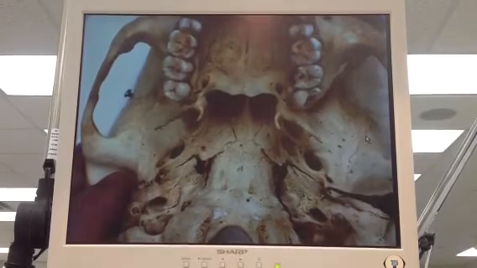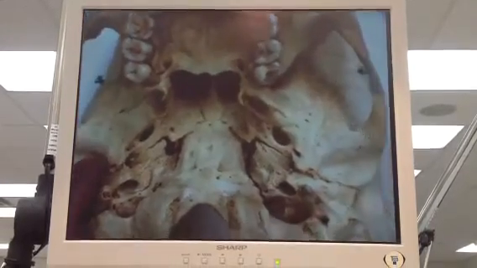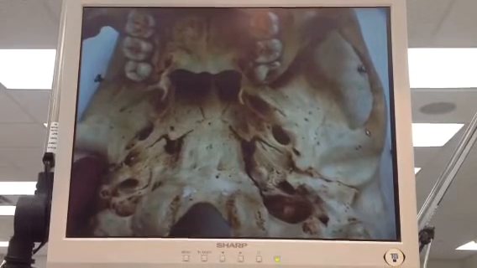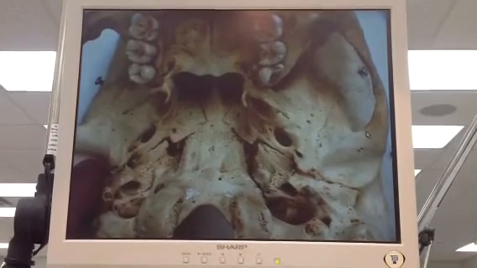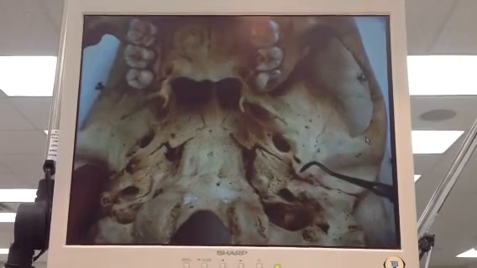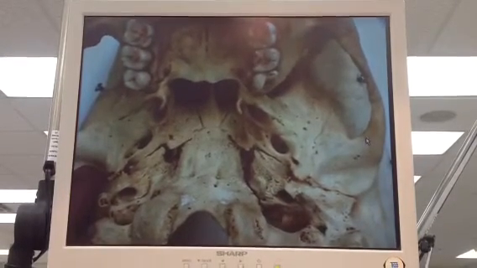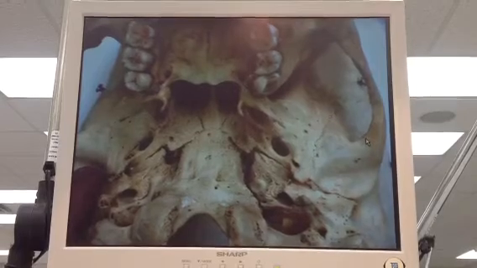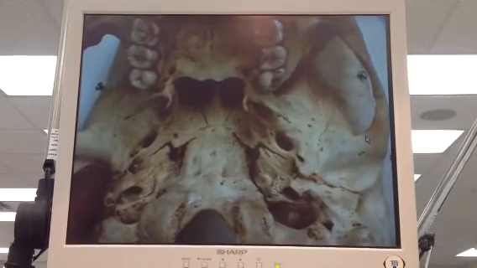Now, the other thing that has an attachment to the spine of the sphenoid is the sphenomandibular ligament. The sphenomandibular ligament is coming from the spine of the sphenoid and going to the lingula of the mandible. Remember, it's a remnant of Meckel's cartilage from development.